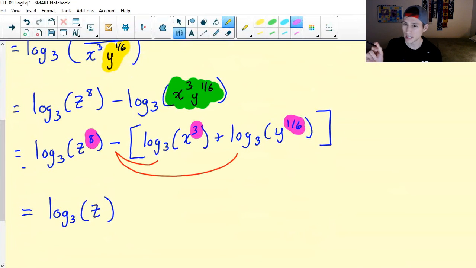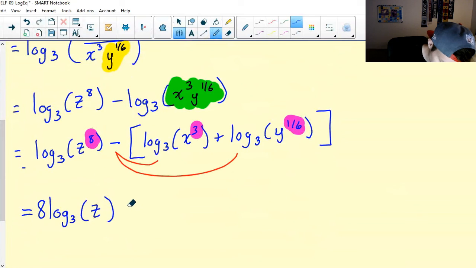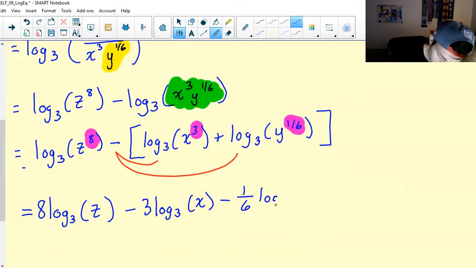We can take those exponents and move them down in front as coefficients. So 8 log base 3 of z minus 3 log base 3 of x. Also minus, because the negative is distributed, so minus 1/6 log base 3 of y.